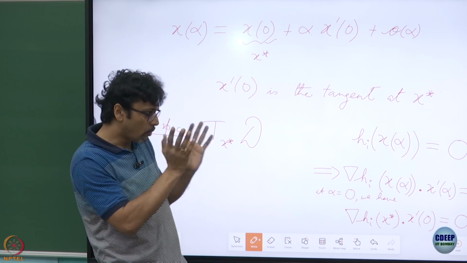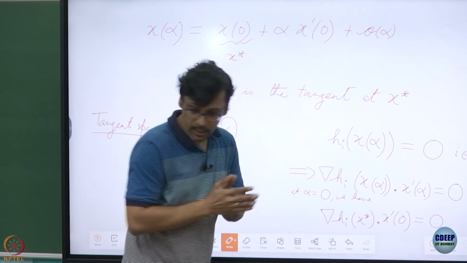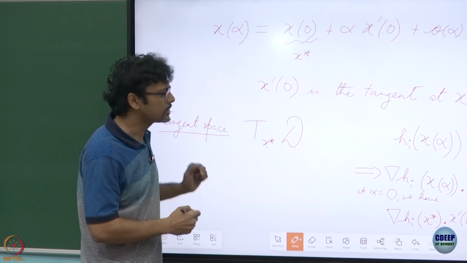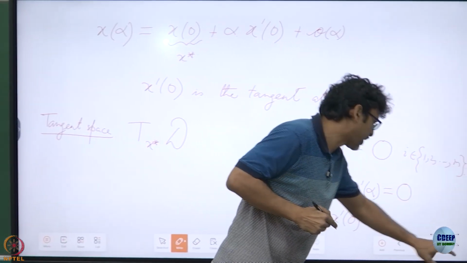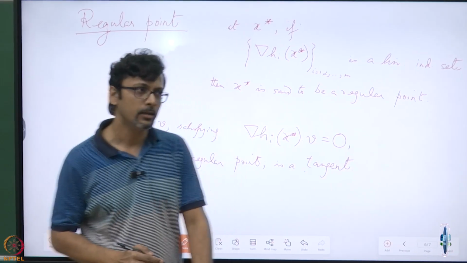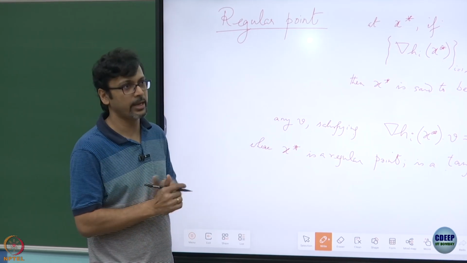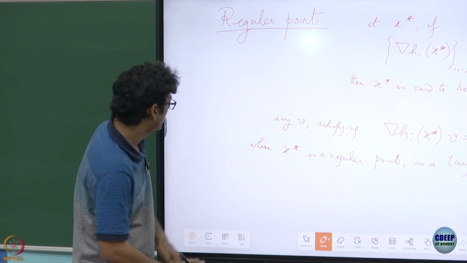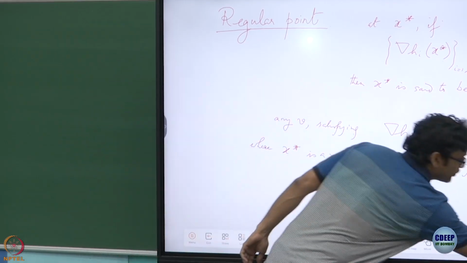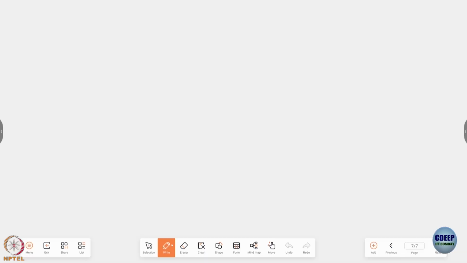What is the intuition behind this? What kind of situations arise if it is not a regular point? Let us take an instance of a situation where you do not have a regular point, and then you will perhaps appreciate why we are really hung up on this. Again, take this point x1, x2.